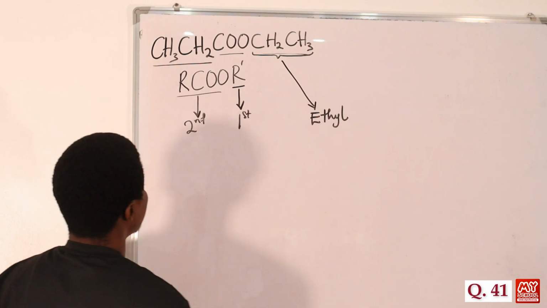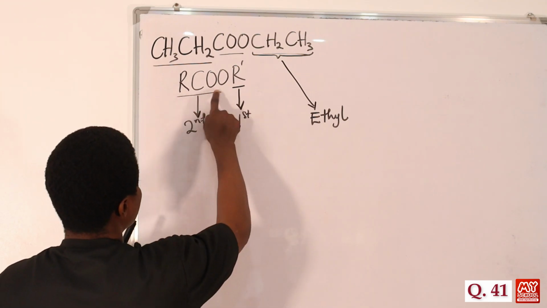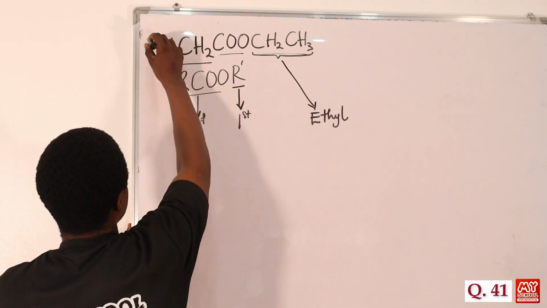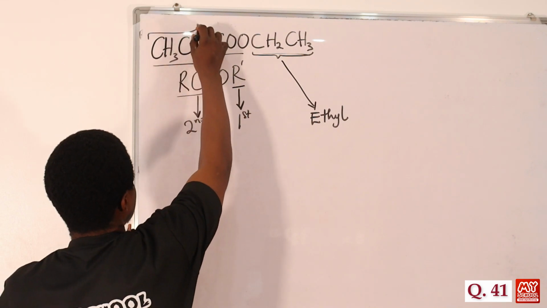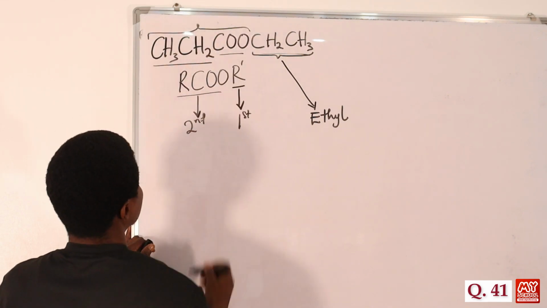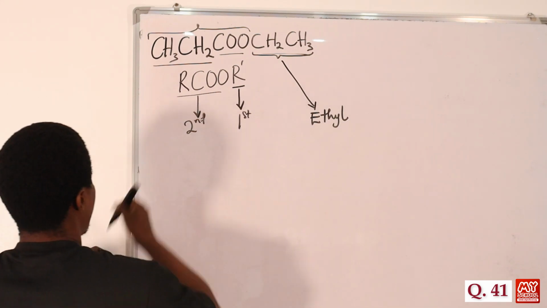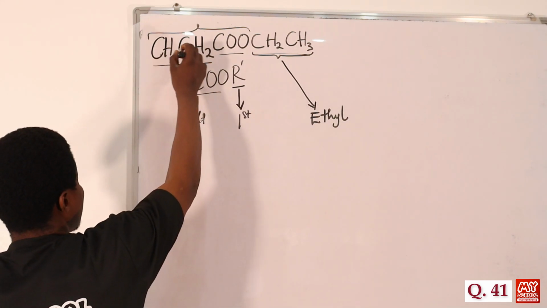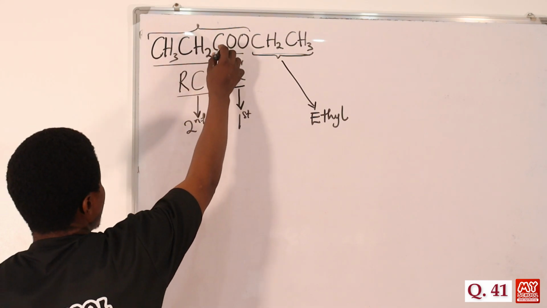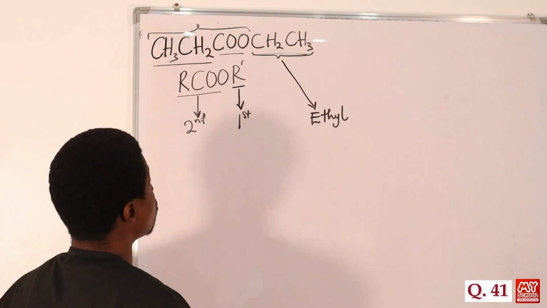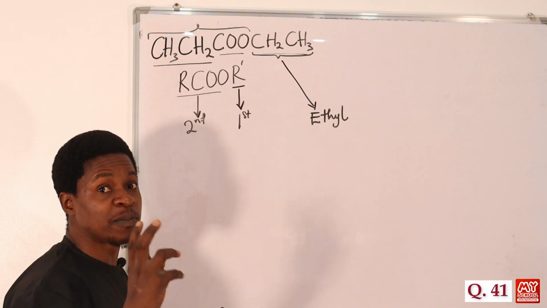Then we now name the second one, RCOO, from this point to this point. So we are going to count how many carbon atoms we have. This is carbon 1, carbon 2, carbon 3. So that is prop. 3 carbon atoms is prop.